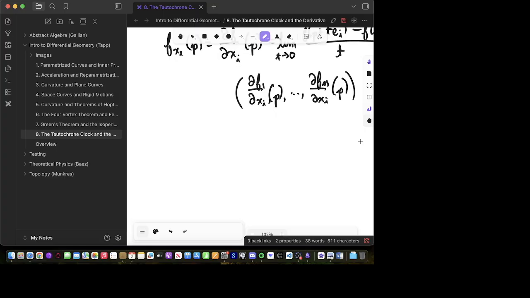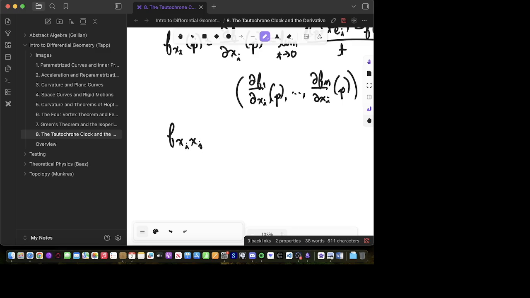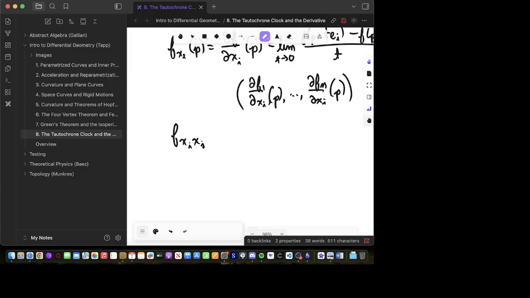Furthermore, if we take mixed partials, which is the derivative with respect to x sub i, and then taking the derivative of that with respect to x sub j, that is equal to, if you do it the other way around, first taking j and then i.